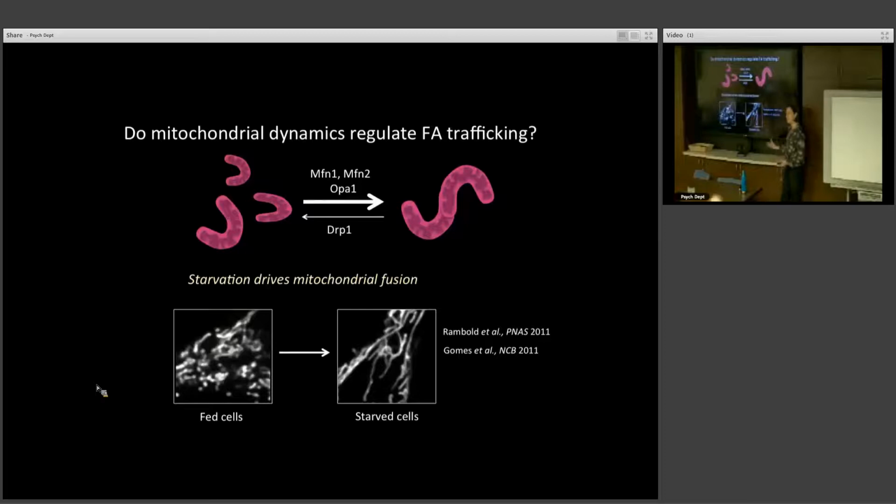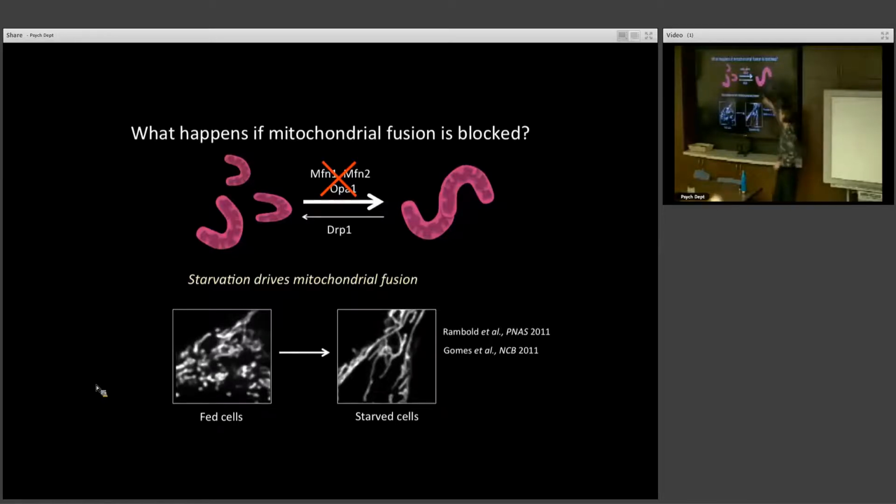But the physiological function of this mitochondrial tubulation wasn't known. So we asked, is this necessary for the metabolic switch over to metabolism of fatty acids that's happening in the cell? What happens to fatty acid trafficking if mitochondrial fusion is blocked during starvation?